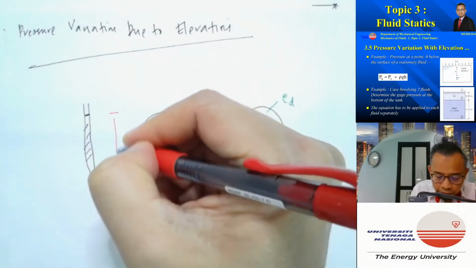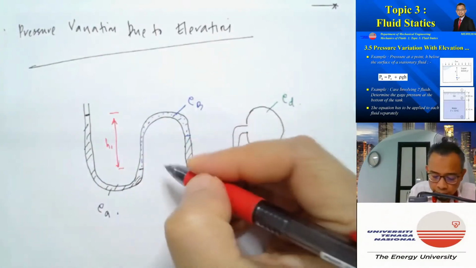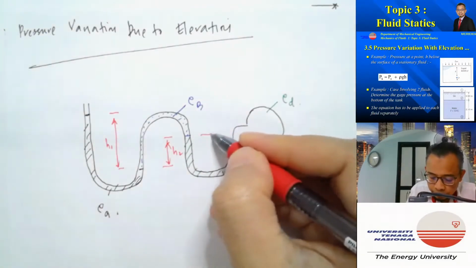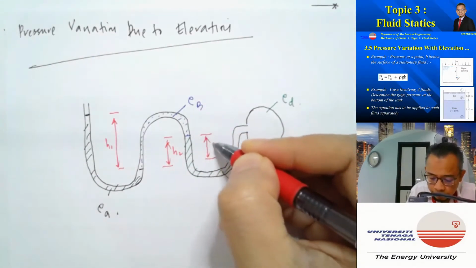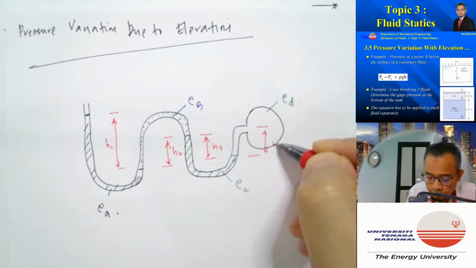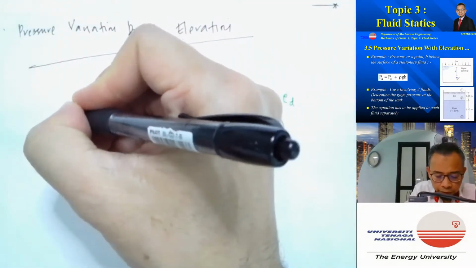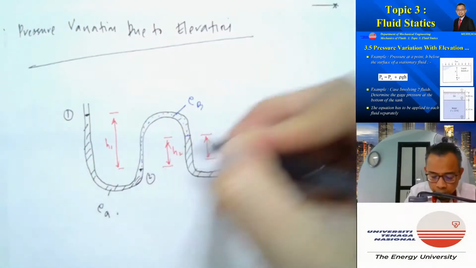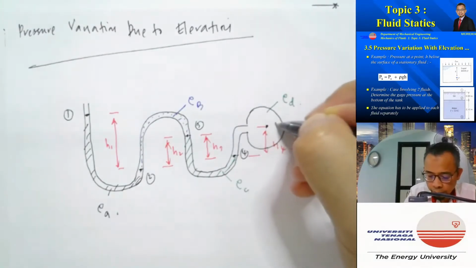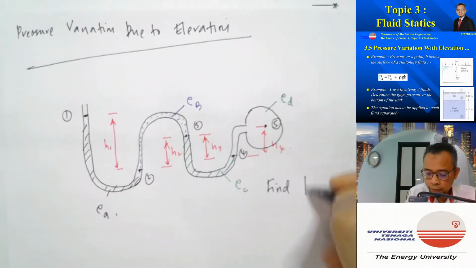Let's say the height difference between these two is H1, between these two is H2, between this and this is H3, and between this and this is H4. Let me define these as points 1, 2, 3, 4, and 5. Right? We are asked to find P5.